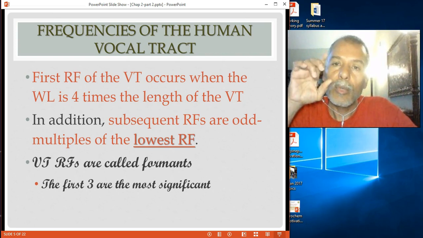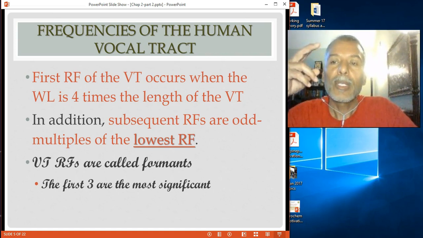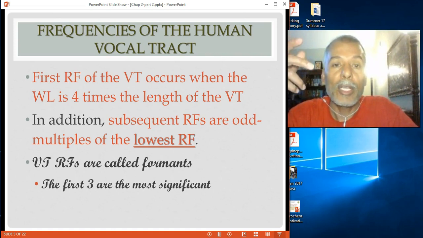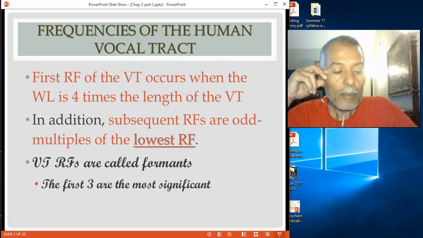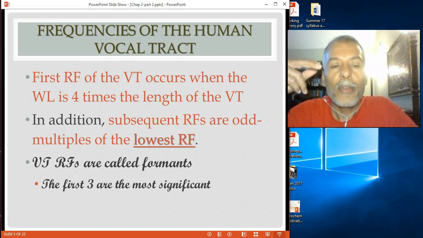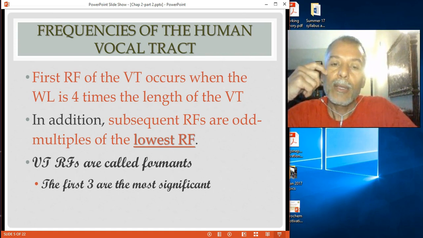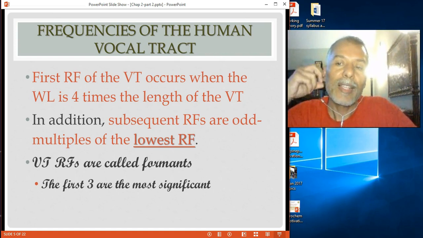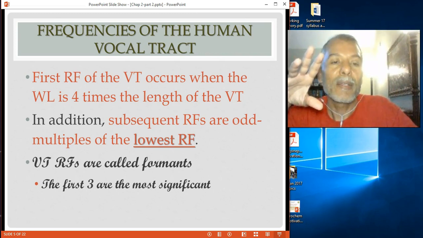We said that you make a sound and it starts to echo and echo, and every time it plays again, it becomes a higher frequency. These are the harmonics. So as the sound wave becomes higher and higher in frequency, by the time it reaches within range of the vocal tract, the vocal tract is going to start to take that sound and amplify it.